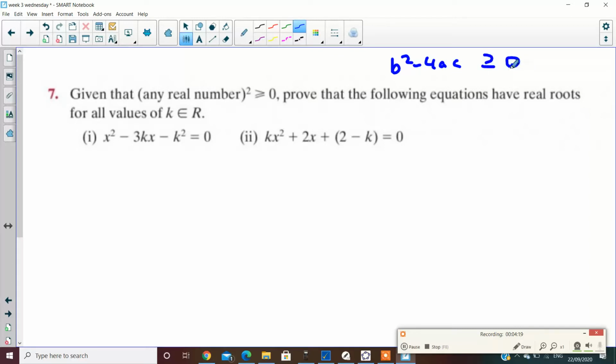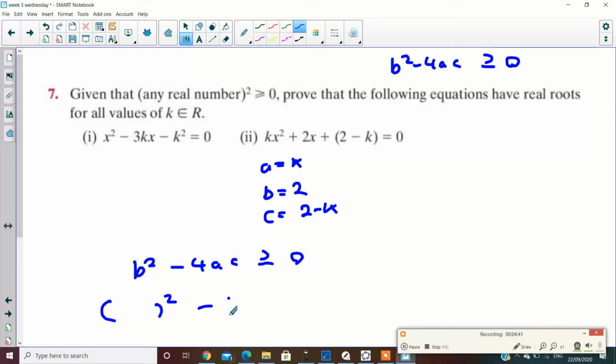Does that make sense? Now, what's the a value for part 2? A value, b value, c value. Awesome. Plug it into the following equation. So blank squared minus 4 times blank times blank. Have I lost anybody so far? I hope not. Okay.